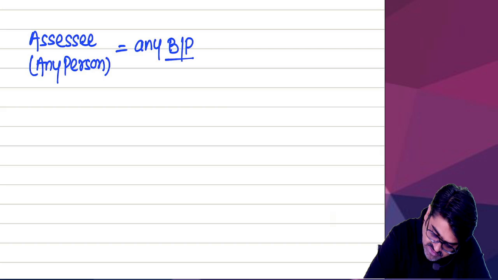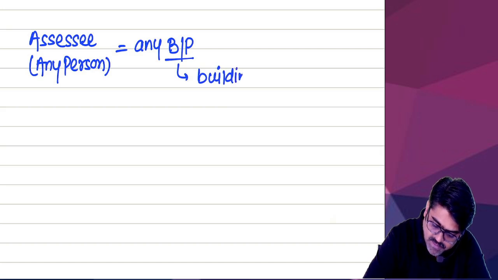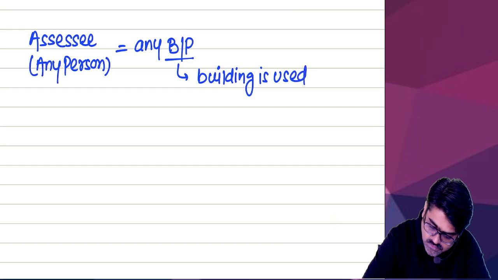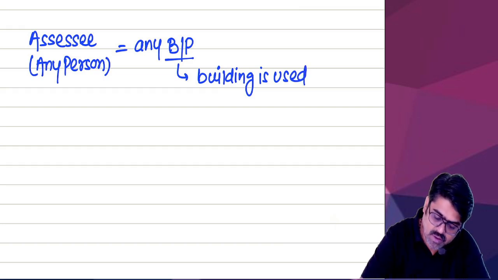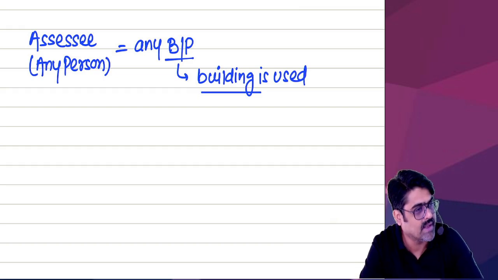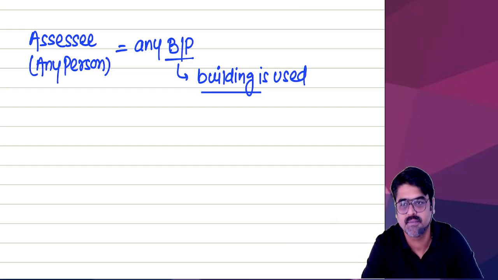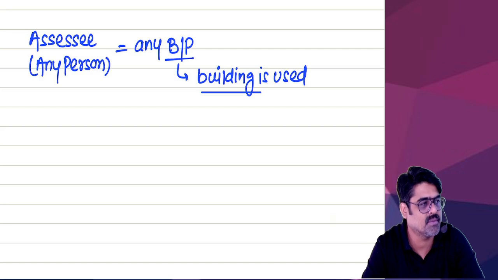Now in this business or profession, a building is used. Building means premises. So in your business, in your profession, you are using a building. Can you give me some examples of such buildings which are used in the business or profession?